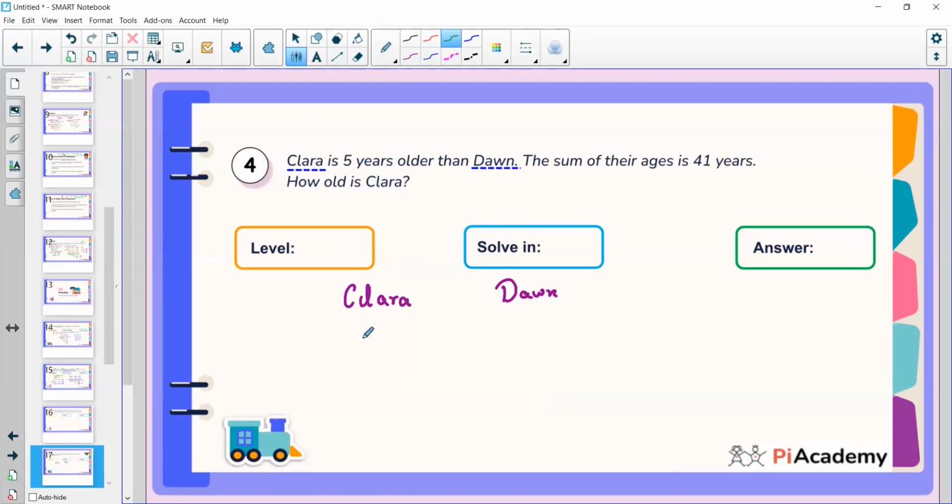What if you assign a variable to Clara's age as x? Would you be able to write down the expression for the age of Dawn? Please check. Clara is 5 years older than Dawn. What does this mean? If Clara's age is x years, what will be the age of Dawn?